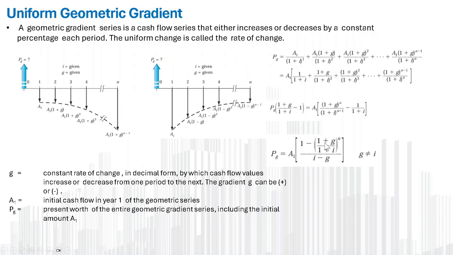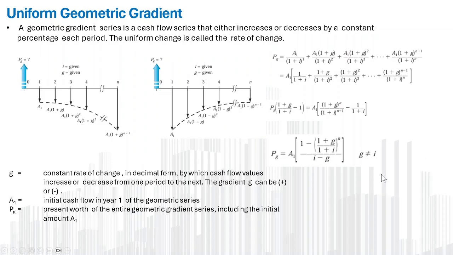So magiging 1 minus the quotient ng 1 plus G, which is yung constant rate of growth, percentage of growth or in this particular case, kung pababa siya, percentage of shrinkage or decrease, divided by 1 plus I, or yung interest rate natin raised to n, and then divided by yung interest rate for the period minus yung growth rate or yung reduction rate basically.